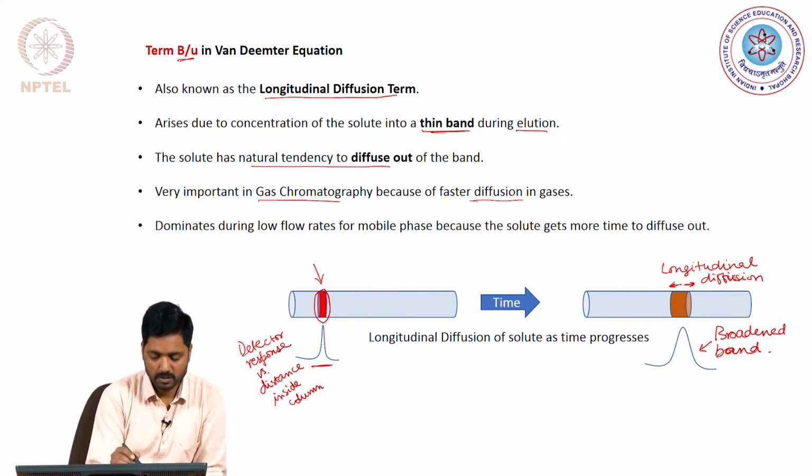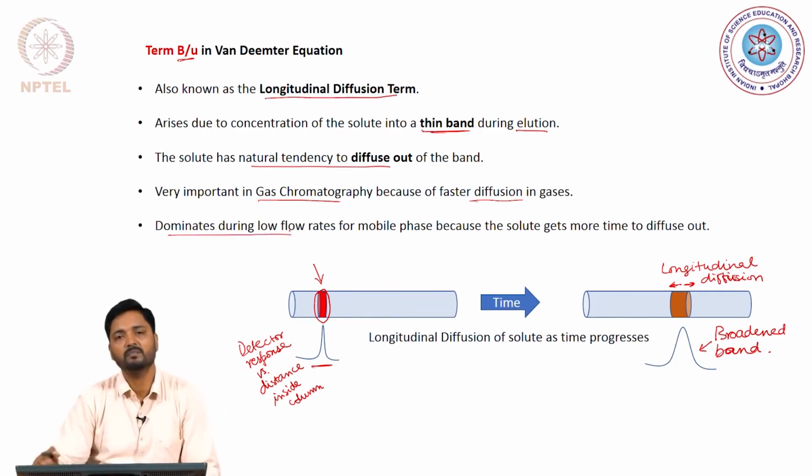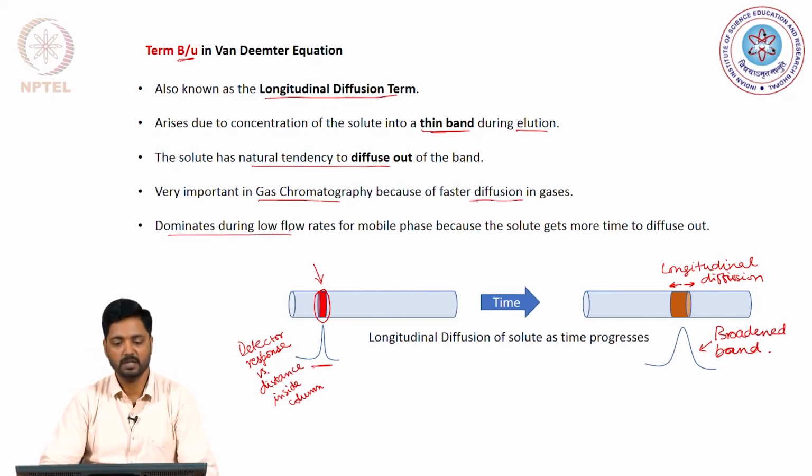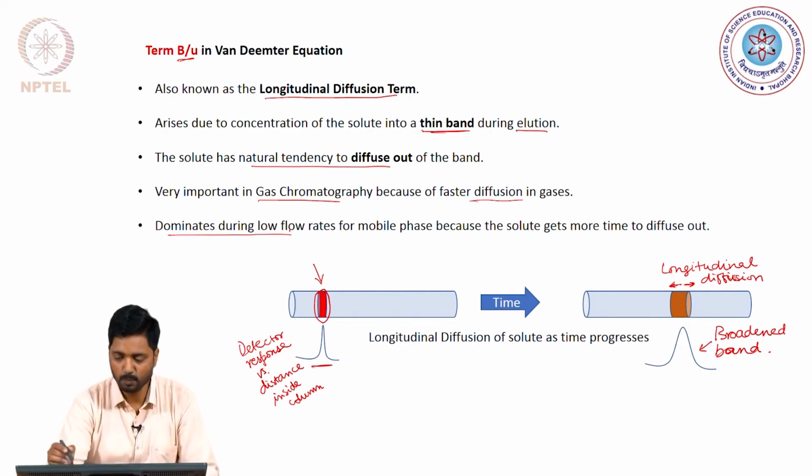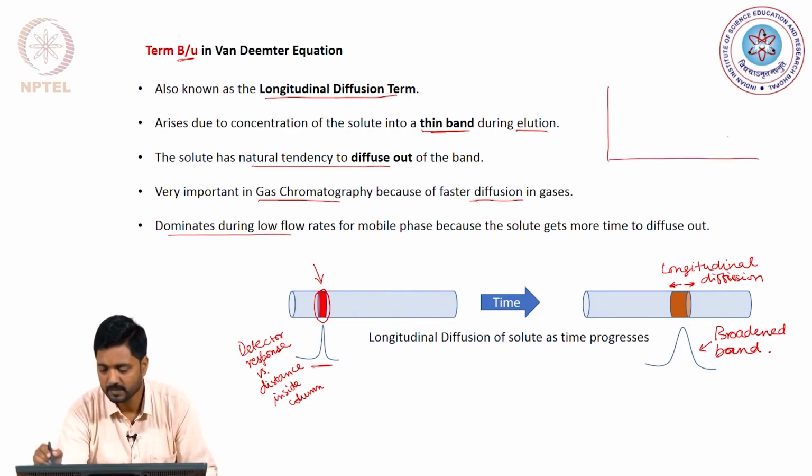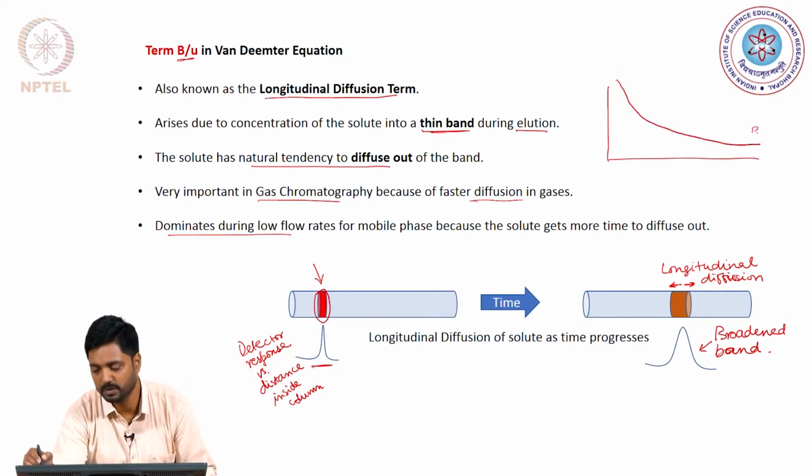Of course, the B by U term, or the longitudinal diffusion term, is a dominant term at low flow rates, because as we can understand, when the flow rate is small, this was the profile that we had for the B by U term.